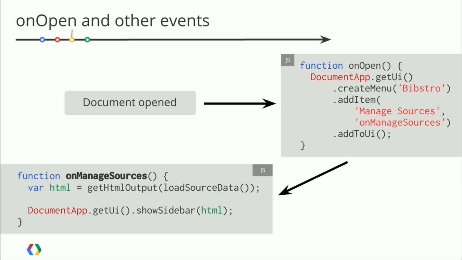And then by clicking on menu items, you want the user to start using the app. So this is a natural flow. A document is opened, onOpen is called, onOpen inserts menu items, and then the user can click on a menu item, and a corresponding function will be invoked. So that's simple, straightforward.